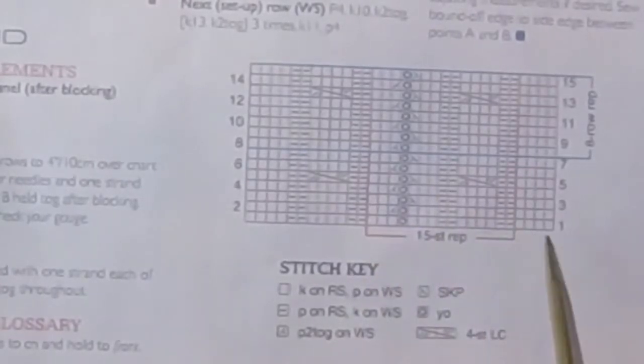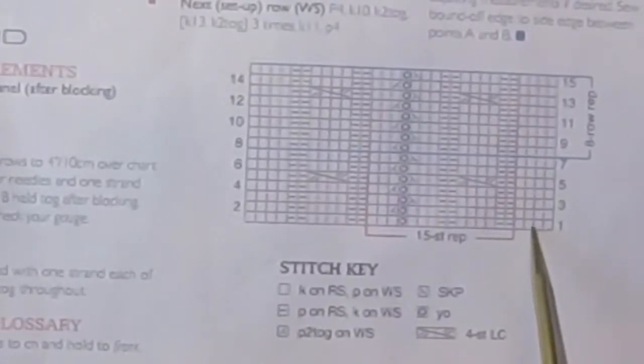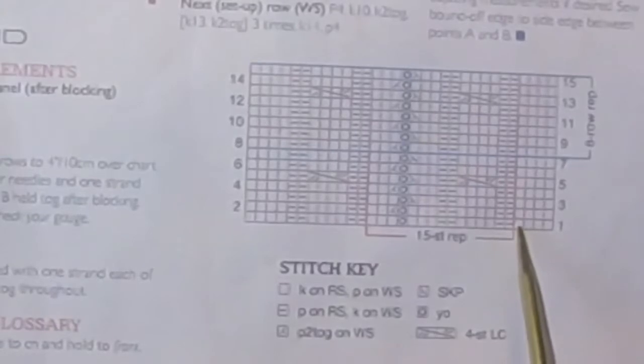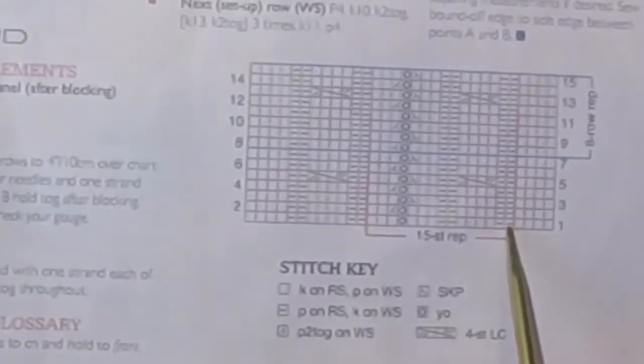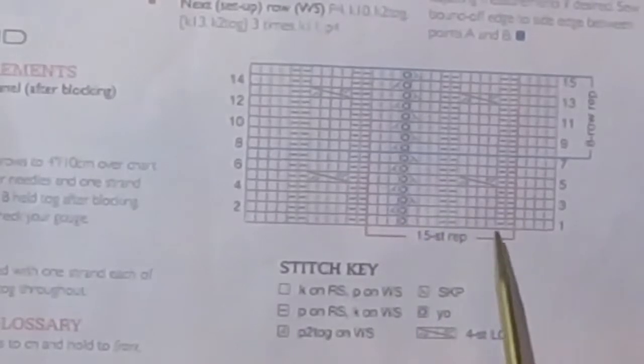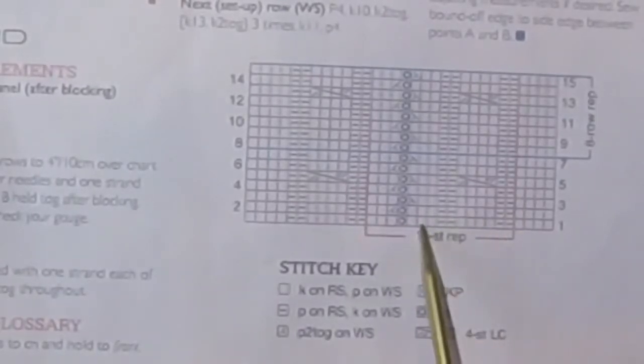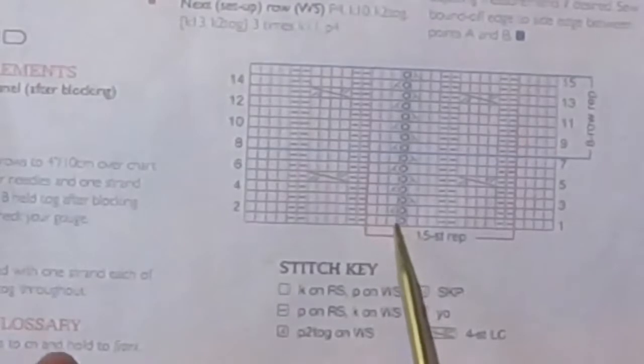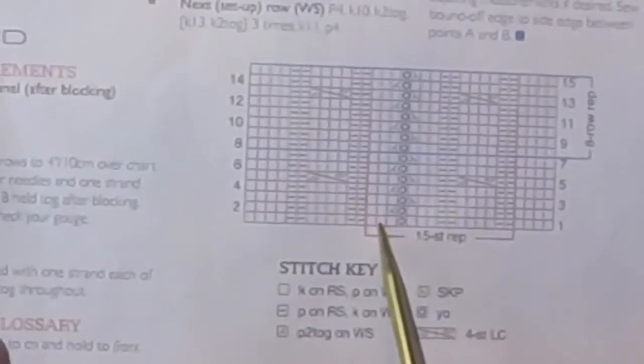So you start off with your first stitch, then your second, third, and fourth stitch. Once you get to your 5th stitch, you've crossed into this repeat zone, and the instructions say to repeat this zone 4 times. You knit all these stitches, which is 15 of them.